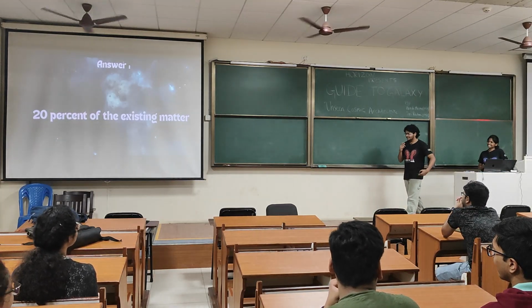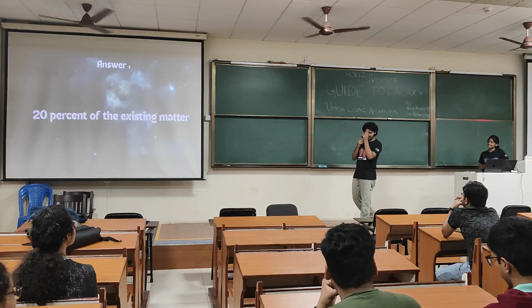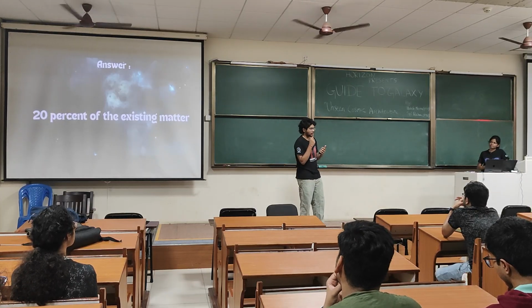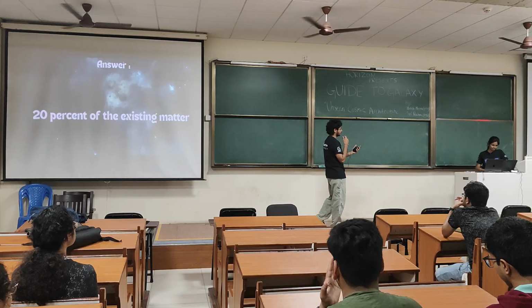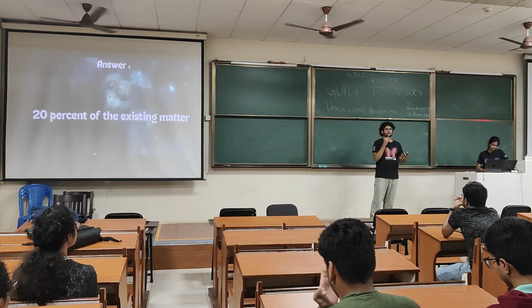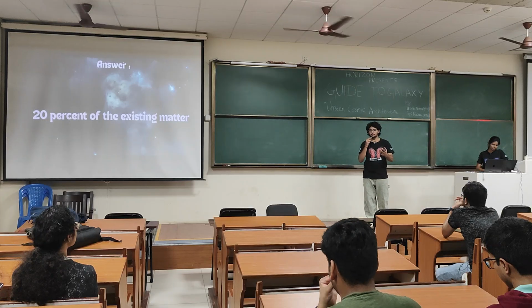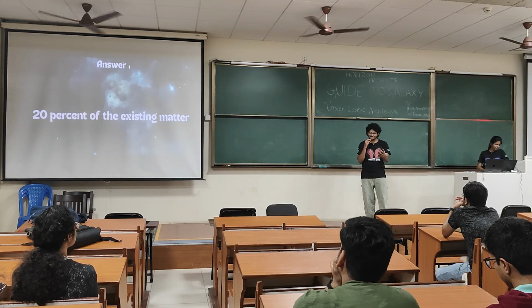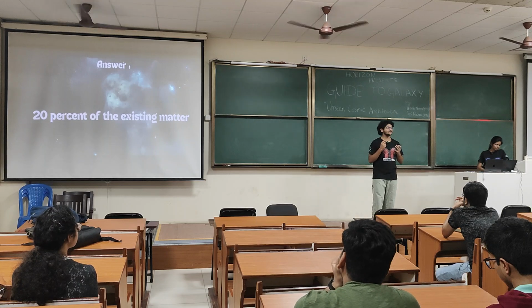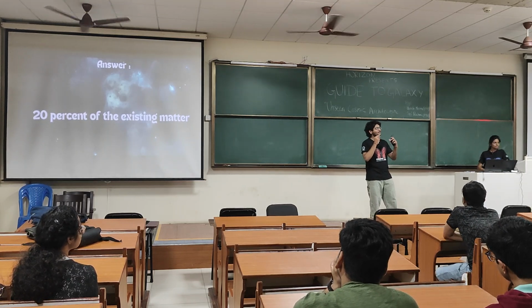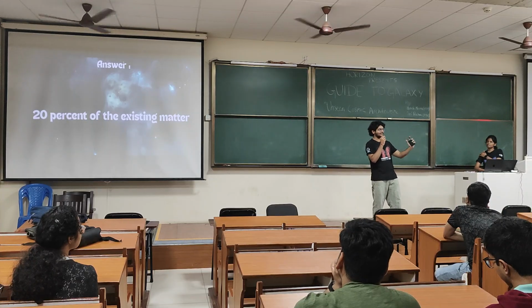So we know the universe consists of 5% of matter, and we are now seeing that only 20% of that we can see. So how did humans figure out how much of it we can see? It's a pretty simple question. Can somebody guess, please? Gravity.